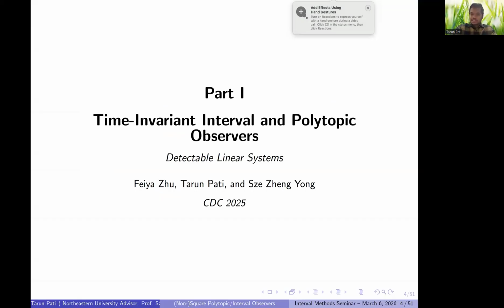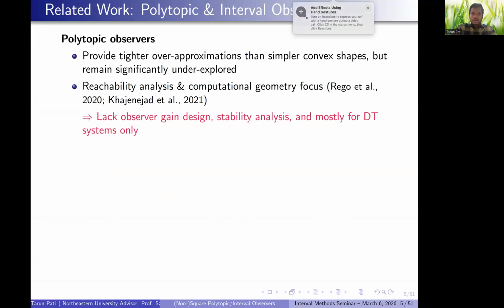And we presented this at CDC 2025. So polytopic observers provide tighter approximations than simple convex shapes, and their implementation and design remains largely unexplored. Some reachability analysis methods do exist, but they lack observer gain design and stability analysis, and most are only applicable for discrete time systems.